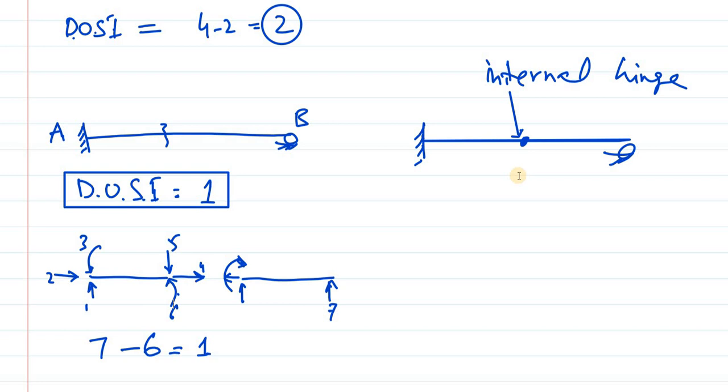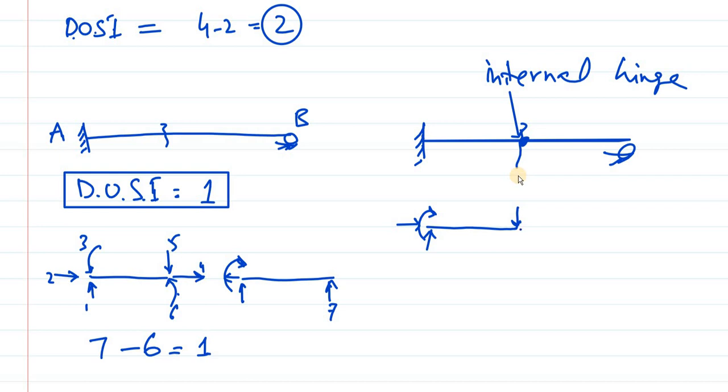What does that mean? When I cut a section right over the internal hinge, just as I considered previously, and I want to show the internal forces acting, these forces are still the same as in the previous case. These are the reactions due to the fixed support, and over here I must show one shear, because the hinge is still capable of producing shear resistance.